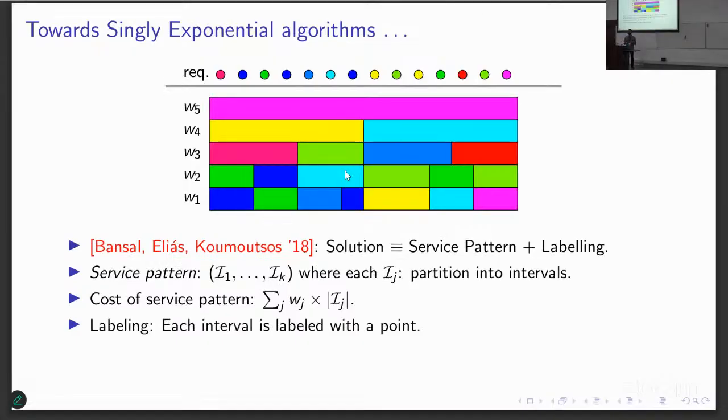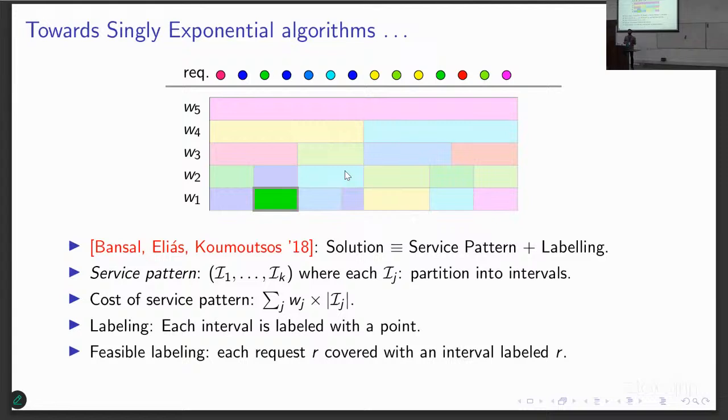In the labeling, you label each interval with some point, so at each interval the server moves to a different point that is labeled. To satisfy feasibility, a labeling is feasible if each request is covered by some interval which is labeled by that request.